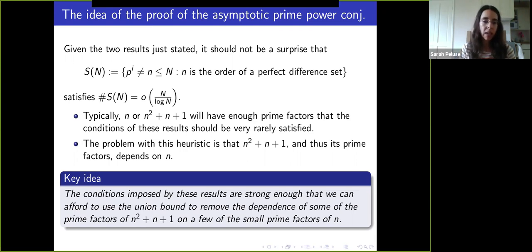And once we do this, we've lost a little, but we've gained some independence, and the strength of Mann's theorem and the lemma are enough to make up for the loss we got in the union bound. So this sounds kind of vague. For the remainder of the talk, I'm going to talk about how I actually do this in practice.